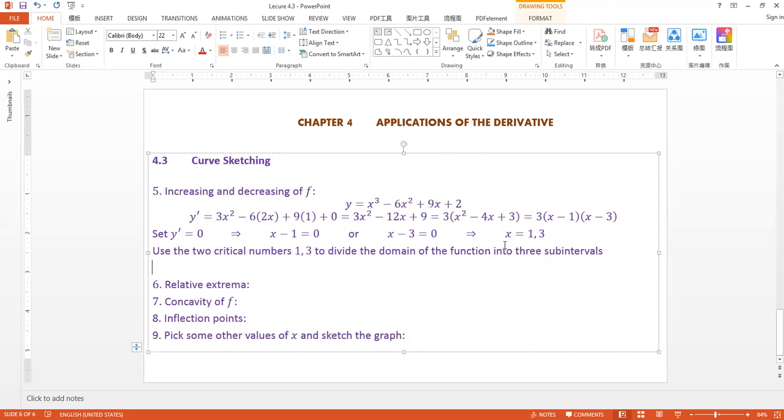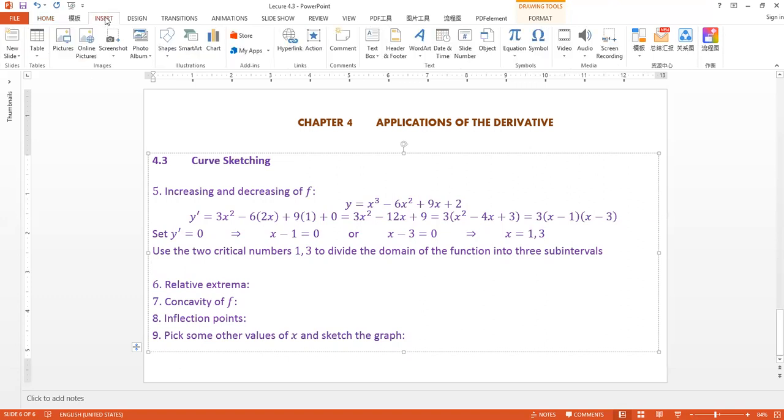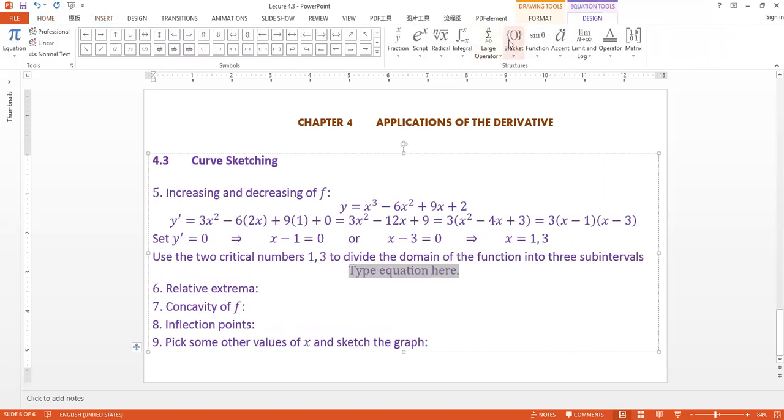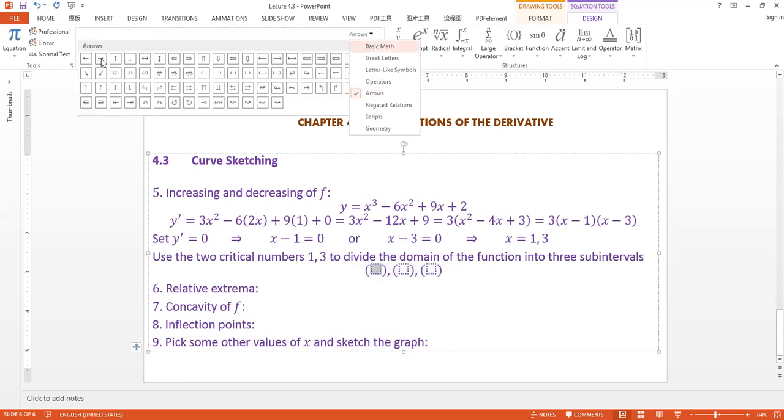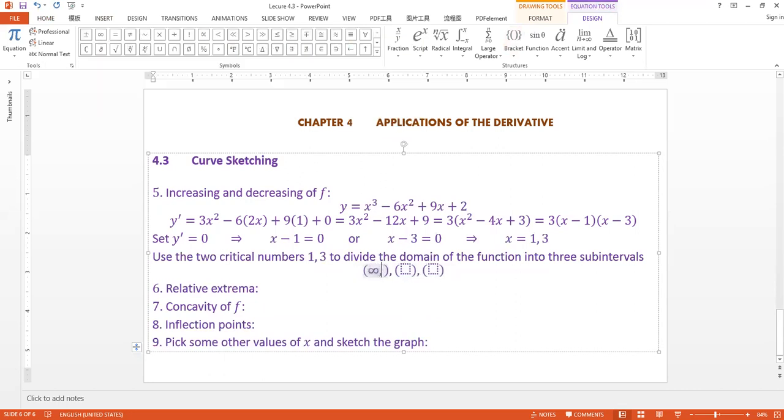We know the domain of the function is from negative infinity to positive infinity.